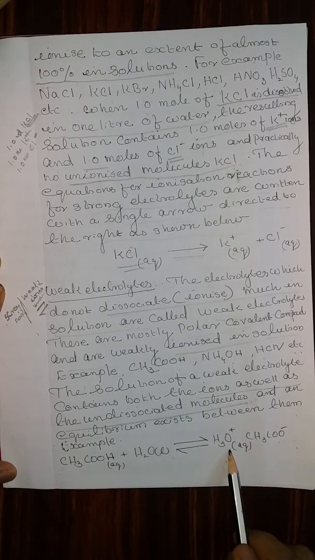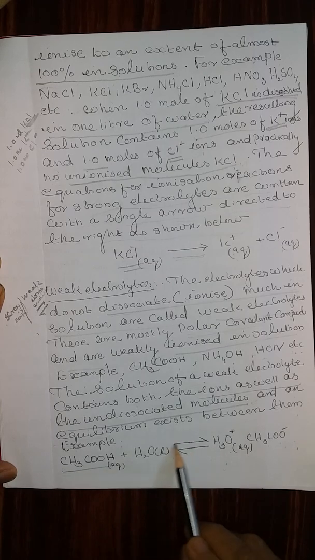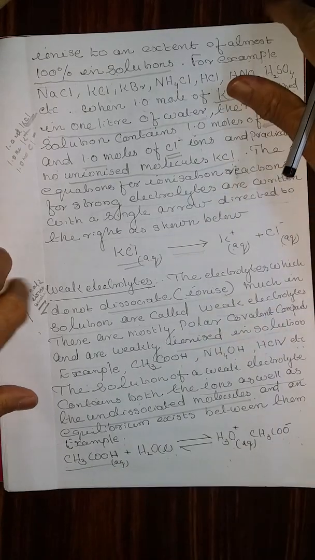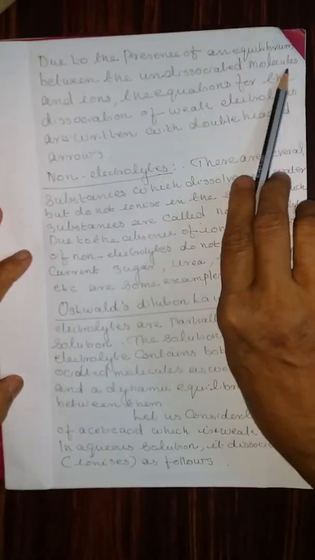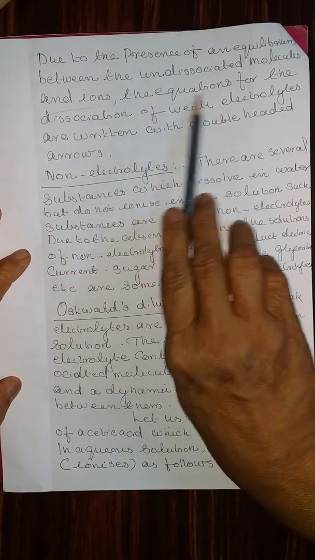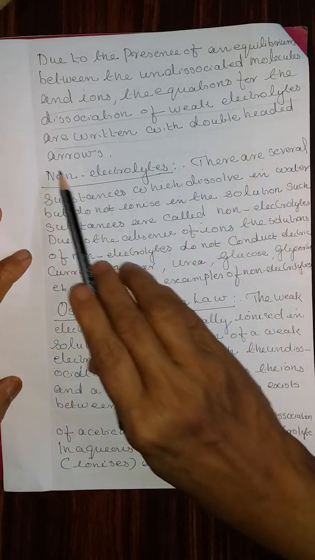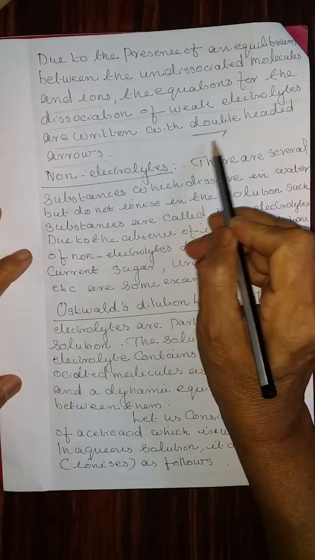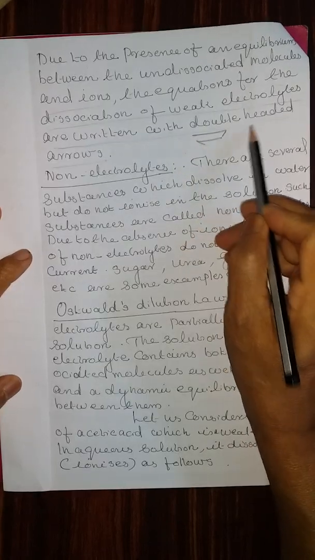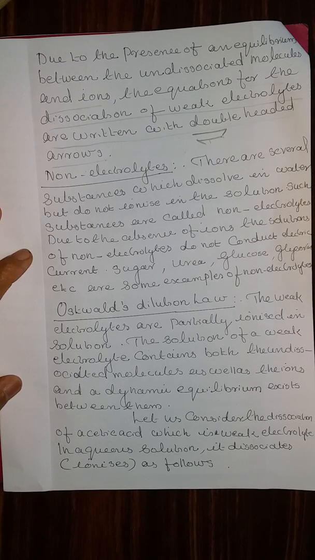Since ions as well as undissociated molecules are present, this is represented by a double-headed or reversible arrow. Due to the presence of an equilibrium between the undissociated molecule and ions, the equations for dissociation of weak electrolytes are written with a reversible arrow like this, and this shows that an equilibrium exists between them.